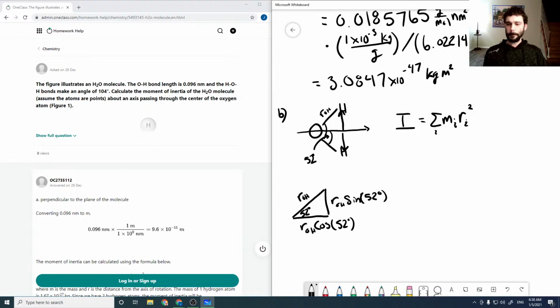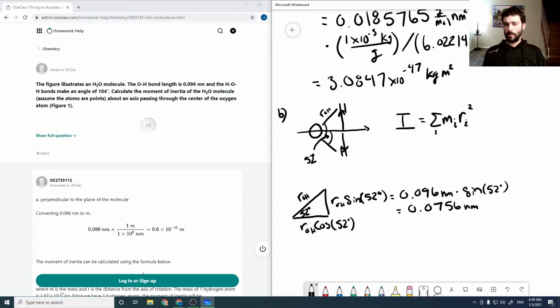Which is equal to 0.096 nanometers times the sine of 52, which comes out to be 0.0756 nanometers.